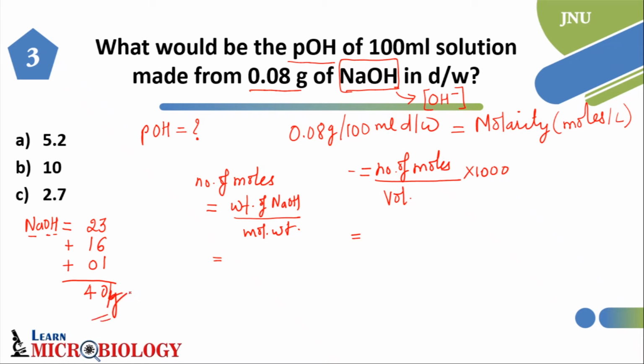So 40 is going to be the molecular weight of NaOH, right? So by knowing the molecular weight, we can calculate number of moles. So number of moles equals weight of NaOH. What is the weight of the NaOH provided in the question? It is 0.08, divided by 40. So we have to now calculate this.